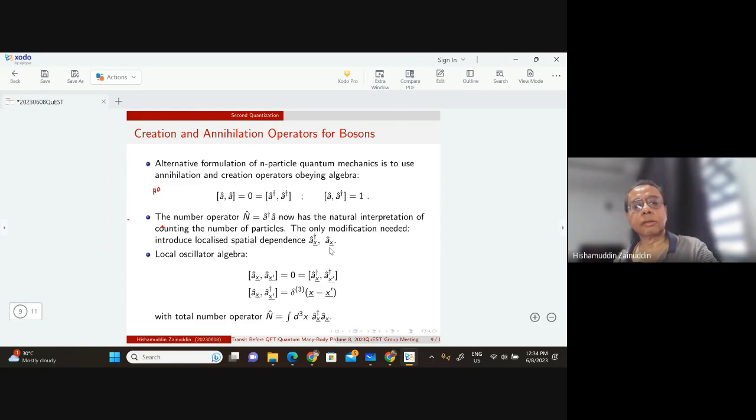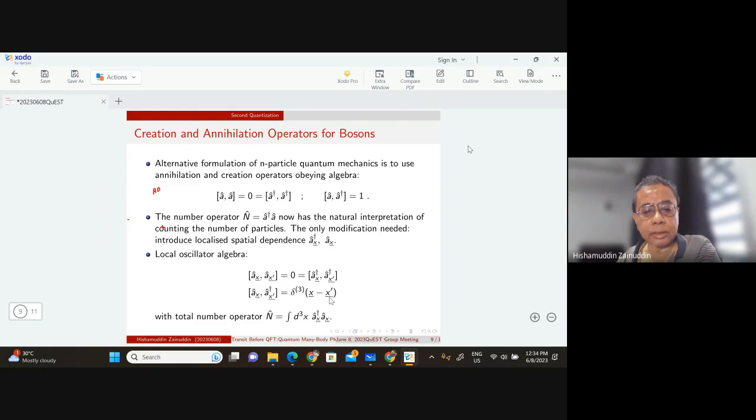Now the resultant algebra that you're supposed to have is the following. You get the same thing for the trivial commutation over here, but the non-trivial one will now be replaced by a Dirac delta function, depending on whether your x coincides with x dash.